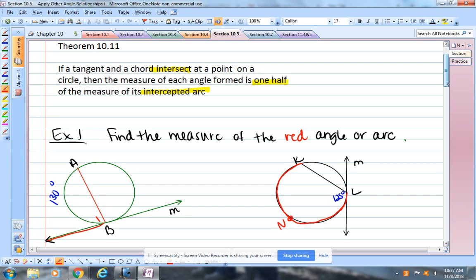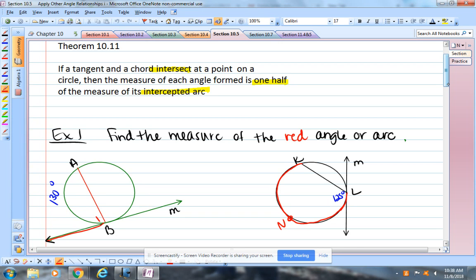So these examples right here want to find the measure of the red angle or arc. On the first problem, is the red an angle or an arc? It's asking you to find the measure of angle 1. Did it give you the intercepted arc measure? Yes.